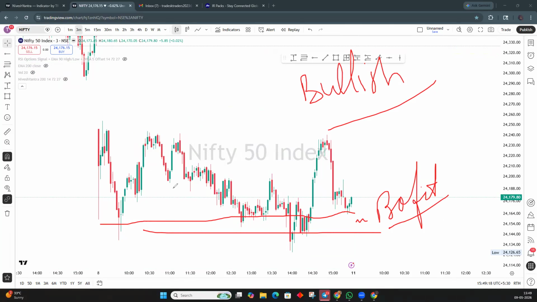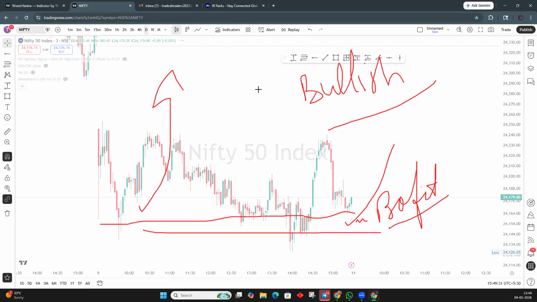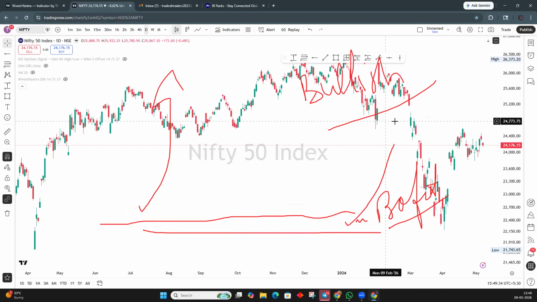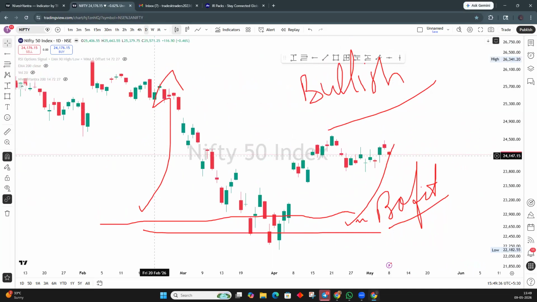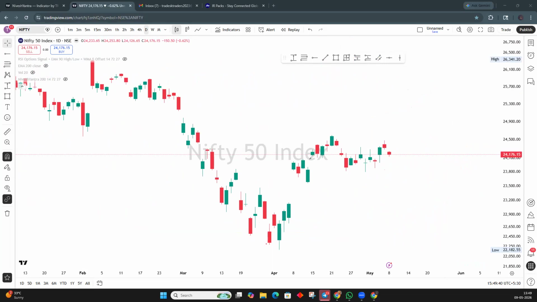So there is always a type of covering move, and the market takes to the upside, as you might have seen sometimes. Because the major trend, if you see the last few days, is bullish, and the overall trend is also bullish.